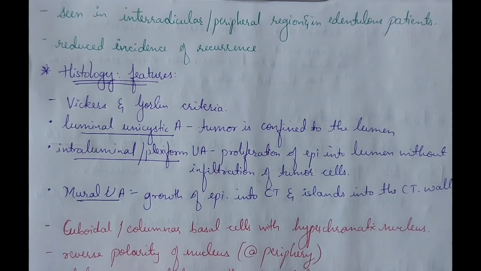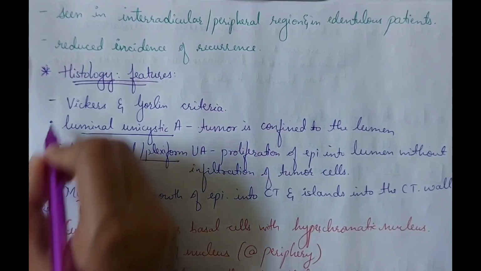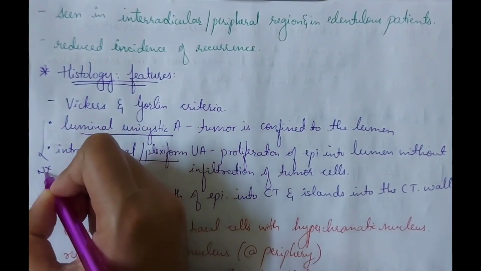In the intraluminal type, proliferation of the epithelium usually occurs into the lumen without infiltration of tumor cells. In the mural type, growth of the epithelium into the connective tissue is seen, with islands in the connective tissue wall. For mural we usually do resection, but here no resection is required.